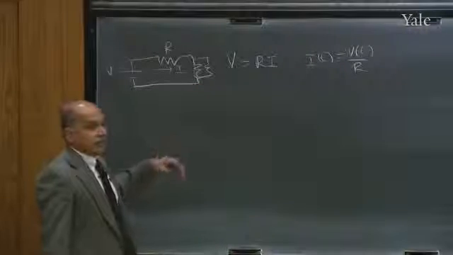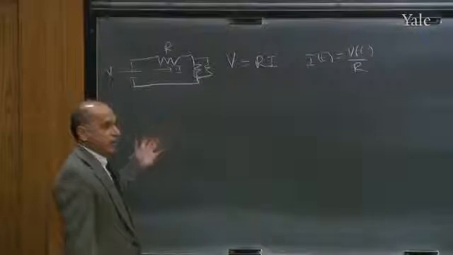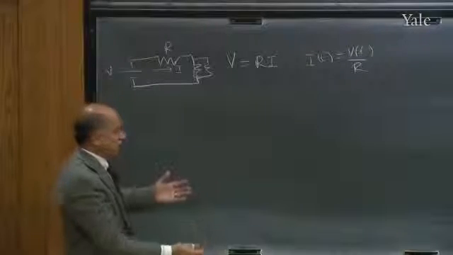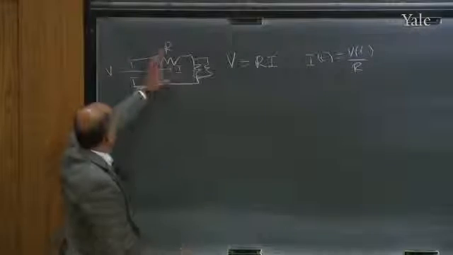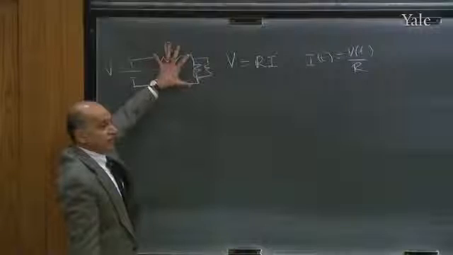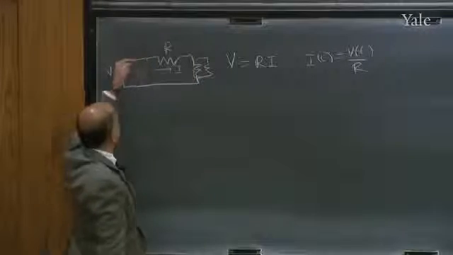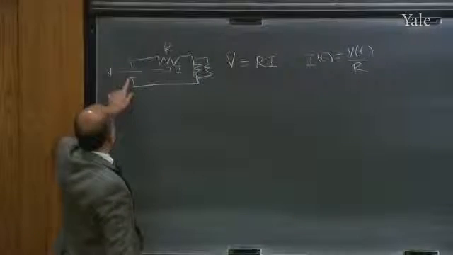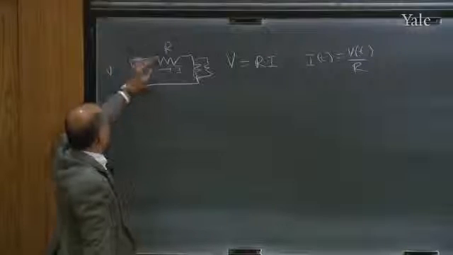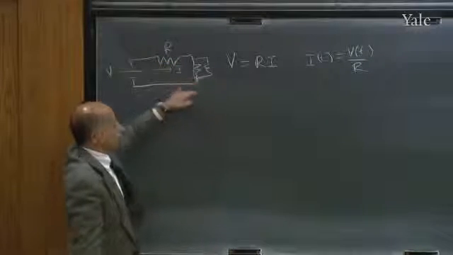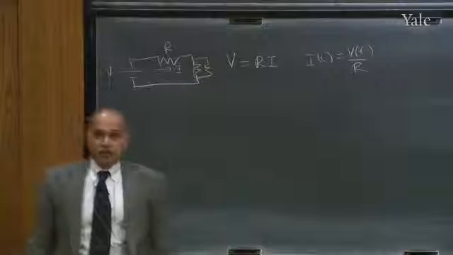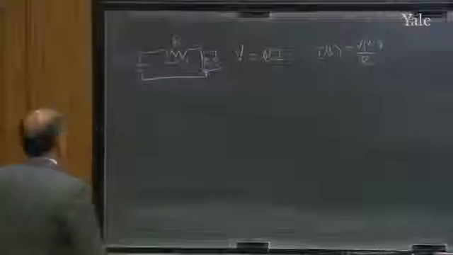Doesn't matter, because we can always, in the end, combine the ones in series, then lump them with the stuff in parallel, till the whole thing to the right of this is one single effective resistor. Then you find the current coming out of the source as V divided by that. Then every time it comes to a branch, we know how to divide it. So resistor circuits are very easy.